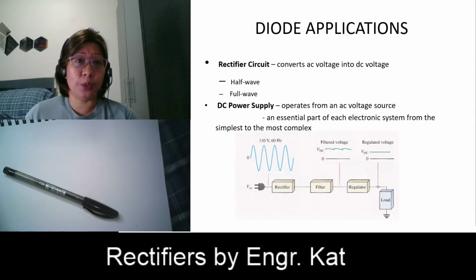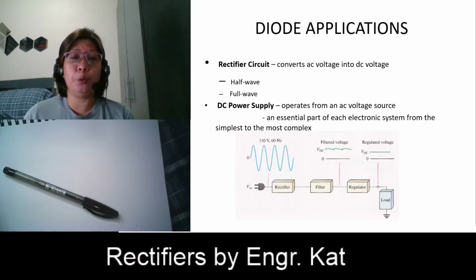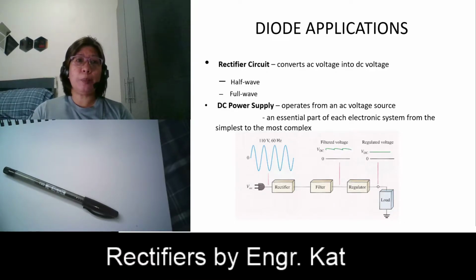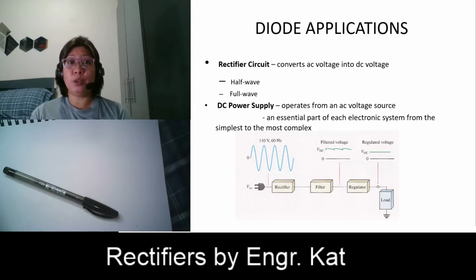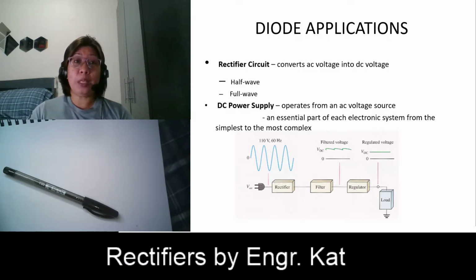In an AC source and AC signal, we have different terms that we can use. We have the RMS voltage, the peak voltage, and the peak-to-peak voltage. Unless otherwise specified, it is the RMS value, the value that we are usually given.